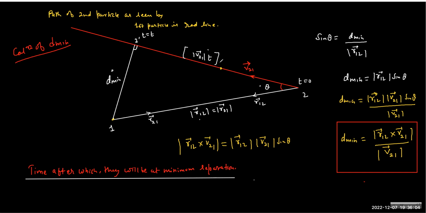Velocity into time is displacement. So V21 into t is the displacement. So what is the relationship between theta, V21t and R12?